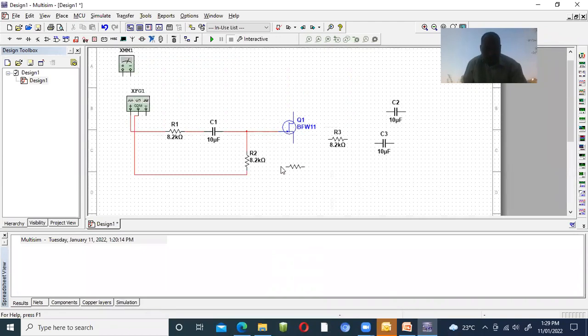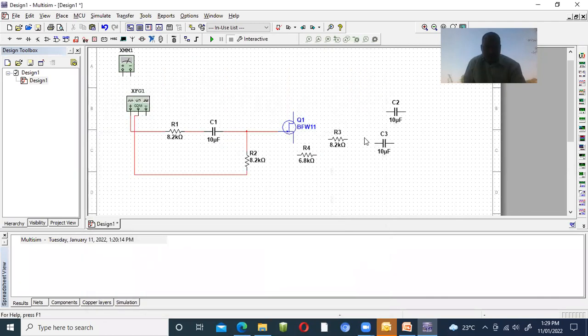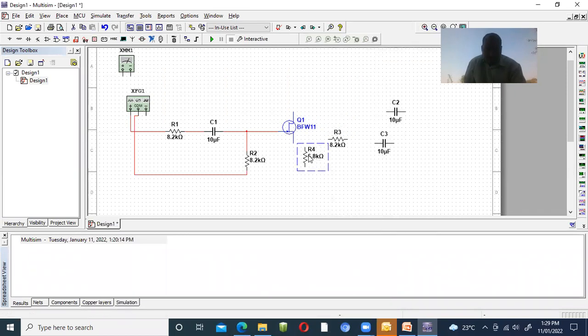6.8 k. Okay, the resistance of 6.8 k, which should be connected here. 6.8 k resistance, rotate it 90 degrees. Okay, 90 degrees, connect it.